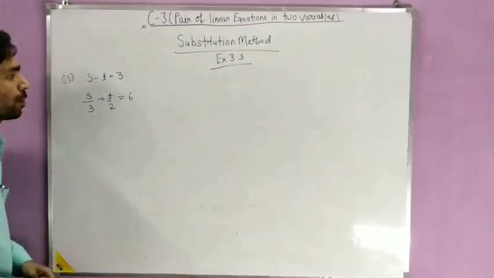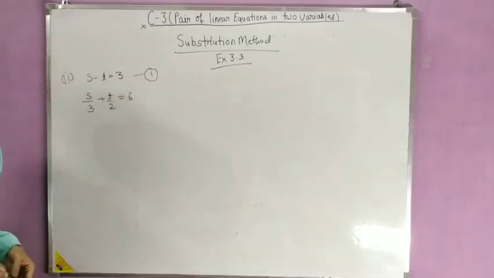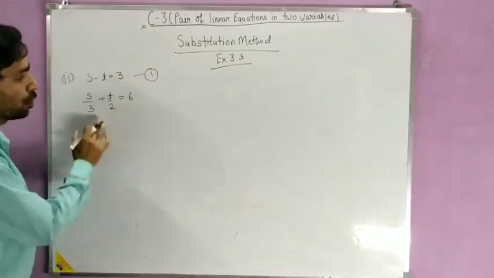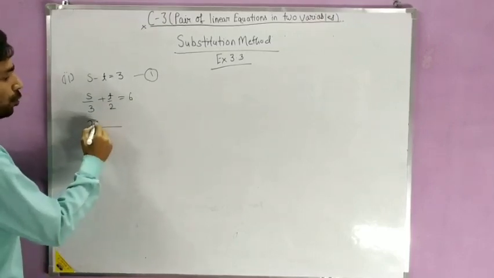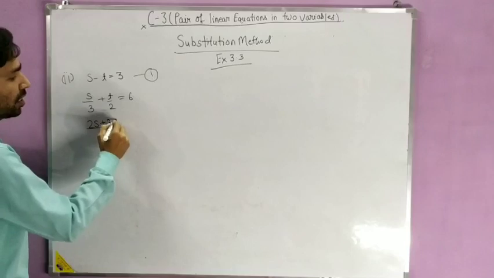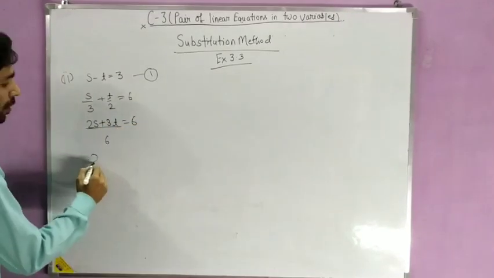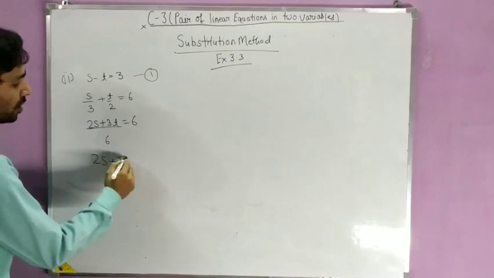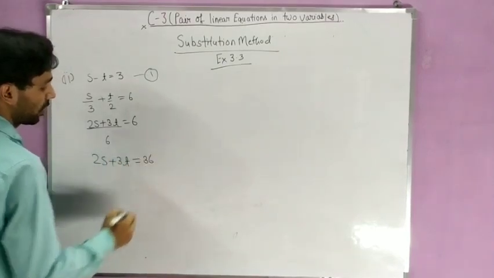Suppose it is equation number 1, and this other equation you can simplify. The LCM will be 6, so it will be 2s plus 3t equal to 36.